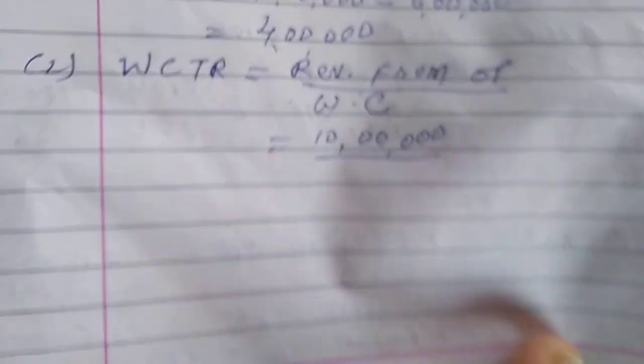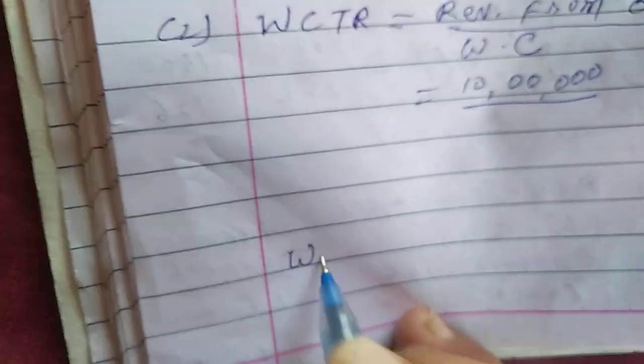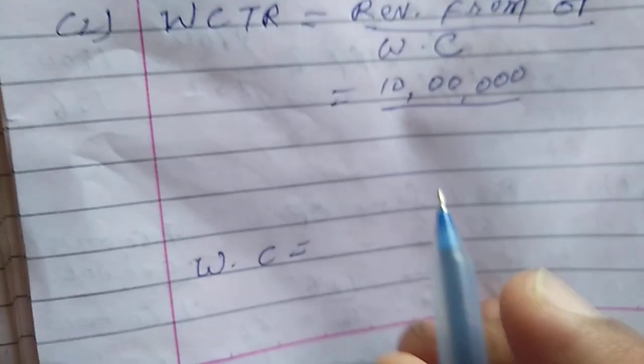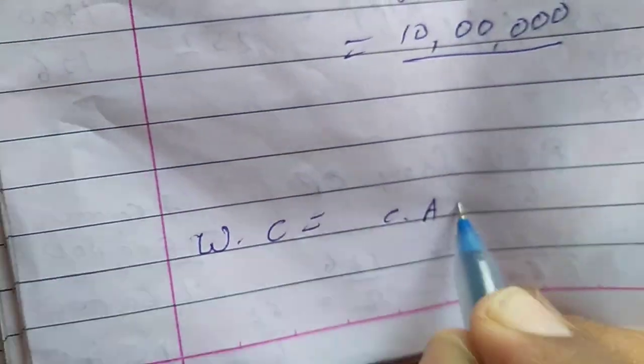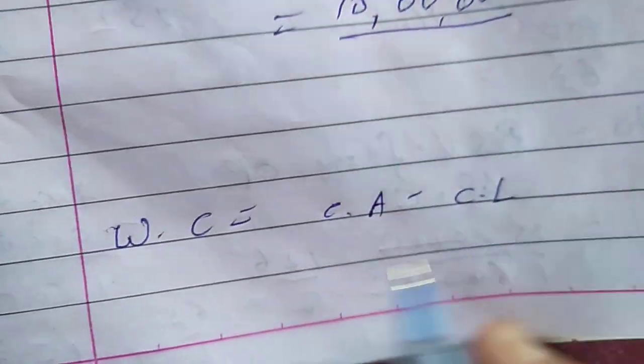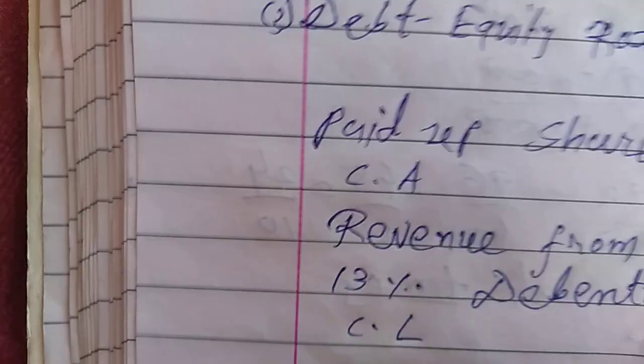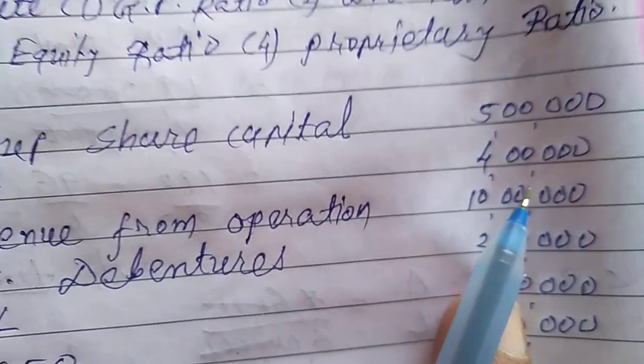And you know how to find working capital. The formula to find working capital is current asset minus current liability. So here we write working capital is equal to current asset minus current liability. Current asset is already given, 4 lakh.